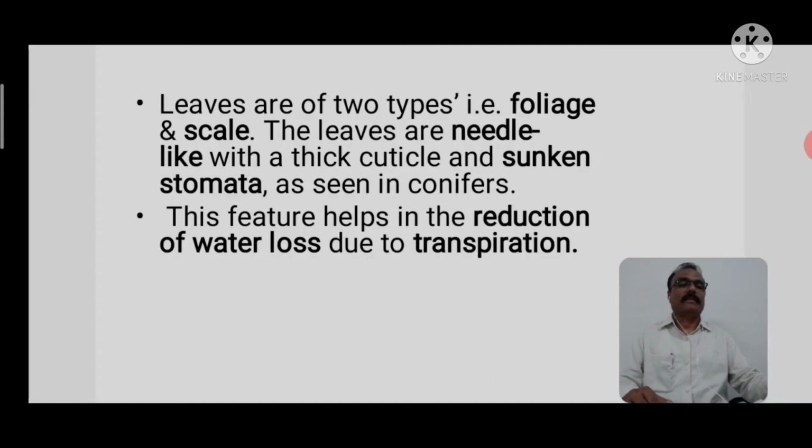Sunken stomata: a stoma is in a small pit which protects the escaping water vapor from air currents, decreasing water loss from the leaf. This feature helps in the reduction of water loss due to transpiration.